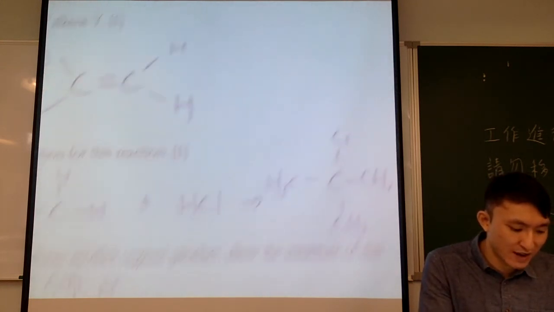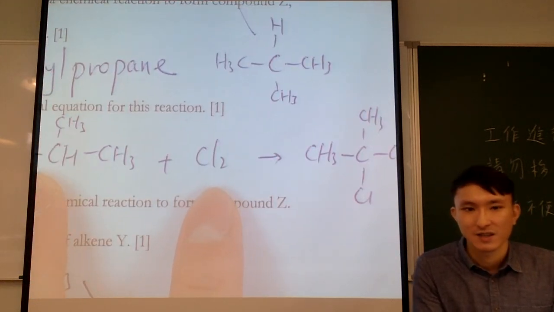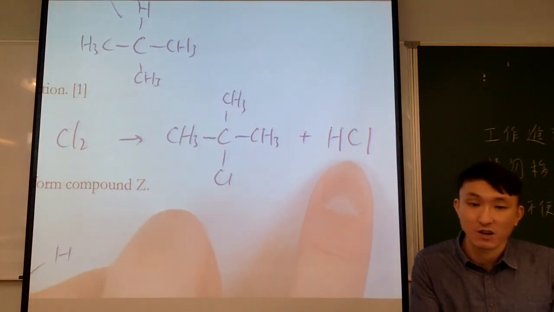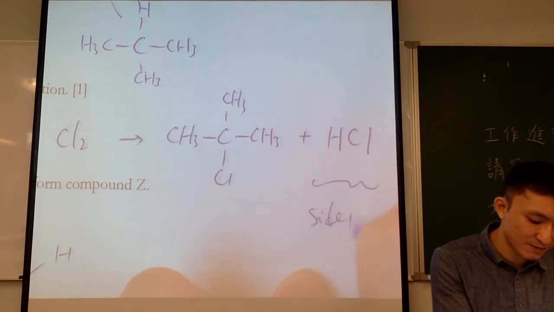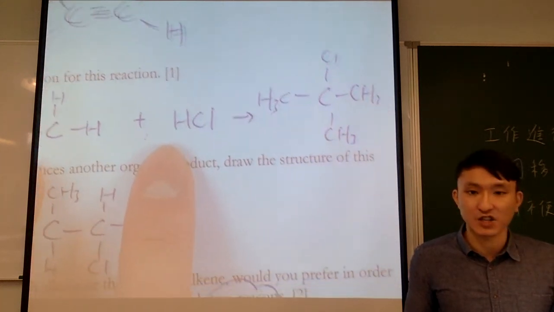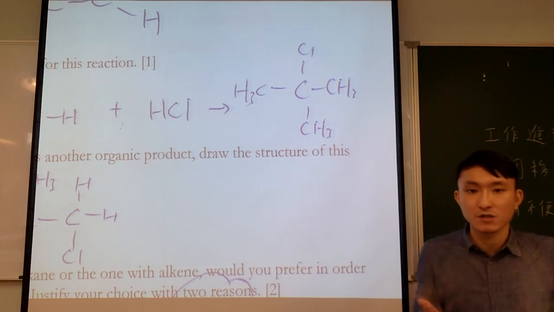So in this case, first of all, we can think about it from the yield, from the product perspective. If you look at the two reactions, you see this one is a substitution reaction. This one reacts with this one to form our product, but it also gives us HCl. This one is the side product, right? However, for the addition reaction, we only form one single product and there is no side product.